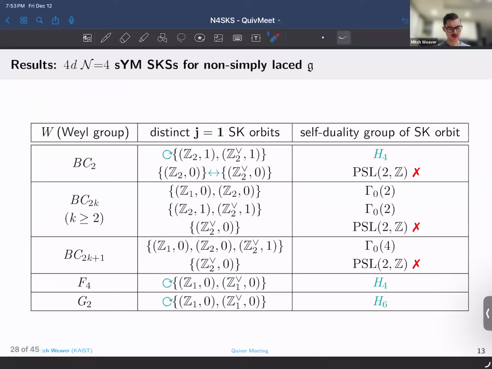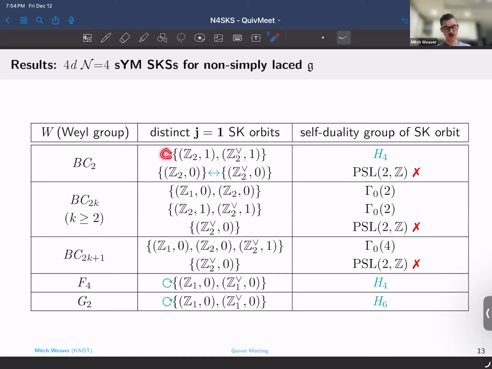Okay, so here are the results for non-simply laced G. It's a simpler picture, but one thing to point out is that at least in the BC2 case, it's interesting that we have two different SK structure orbits given by these two rows.